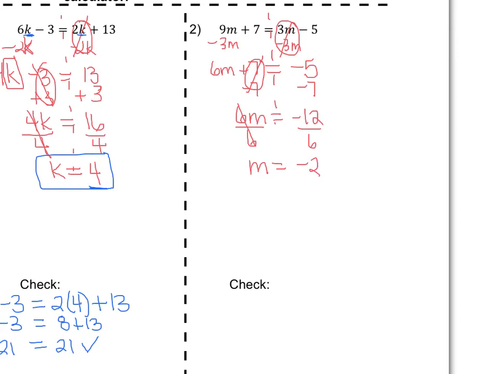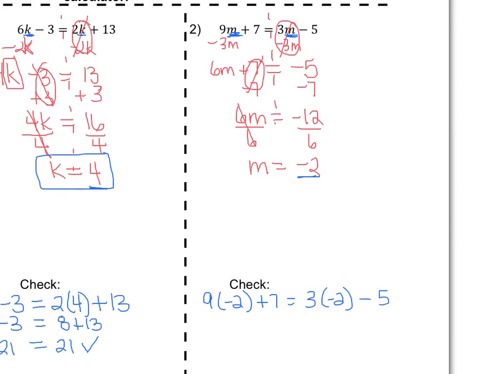Alright, so now we're going to check our answer. So everywhere we see an m, we're going to be plugging in a negative 2. So we have 9 times negative 2 plus 7 equals 3 times negative 2 minus 5.